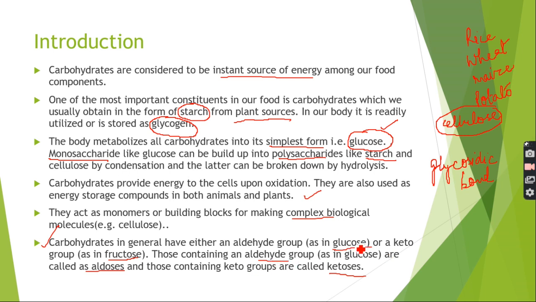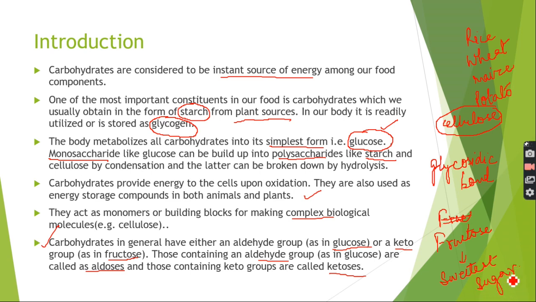So the structure of glucose contains an aldehyde group, whereas a keto group is found in fructose. Fructose is the sugar found in fruits, and it is basically a ketose sugar and is the sweetest known sugar.